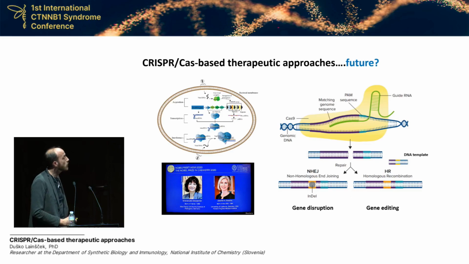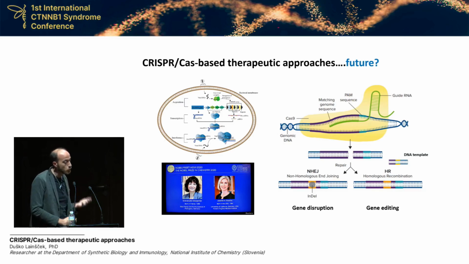The first mainly used cell repair mechanism in cells is so-called non-homologous end joining. This is an error-prone mechanism, meaning that several mistakes would be made when trying to correct these double-stranded breaks, which then results in so-called gene disruption or gene knockouts.